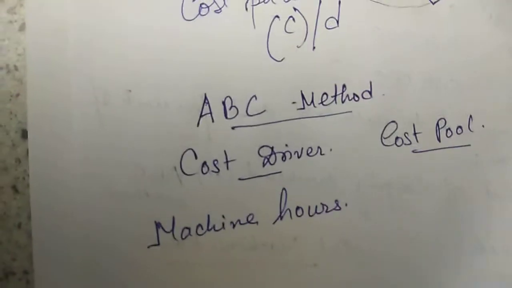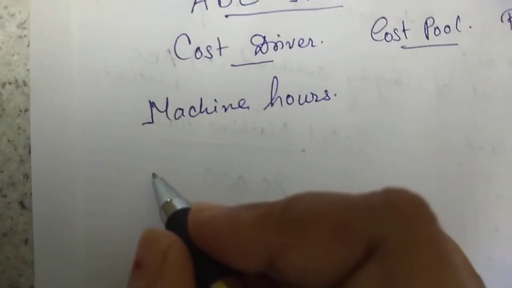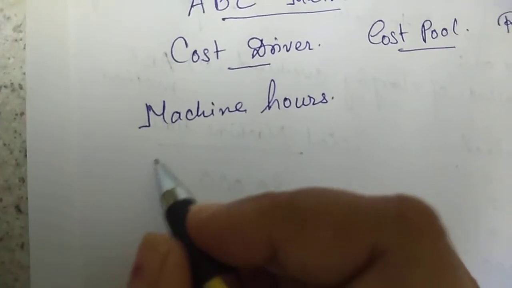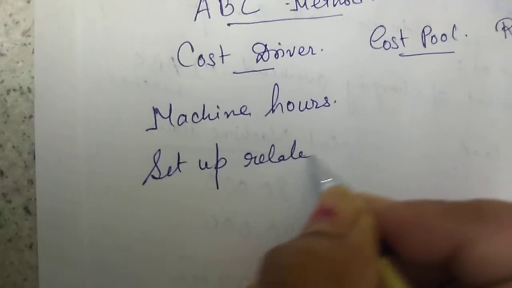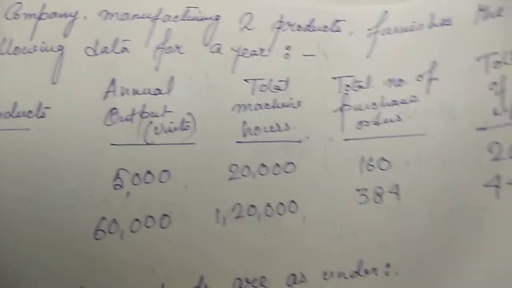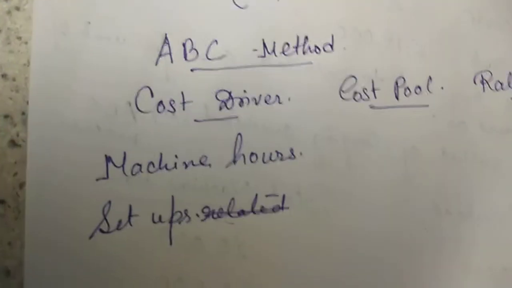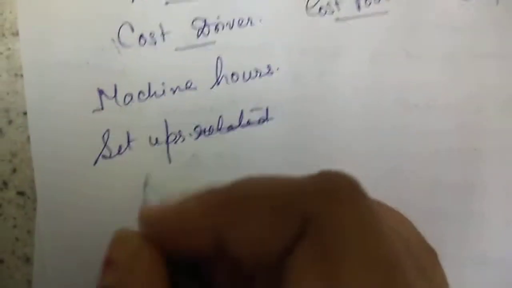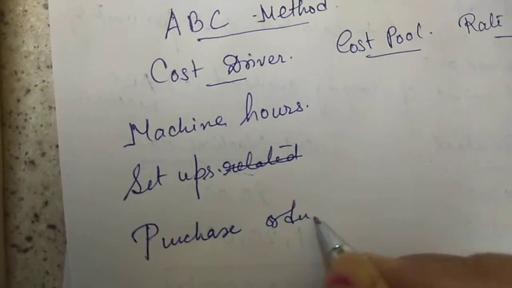Then setup related cost, machine setups, and the last one was purchase order.